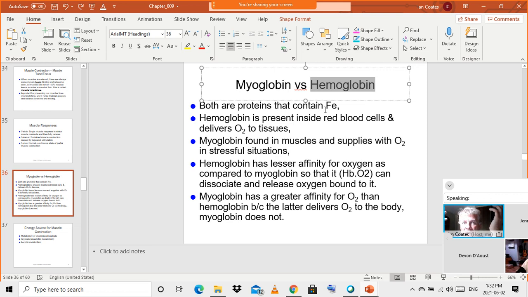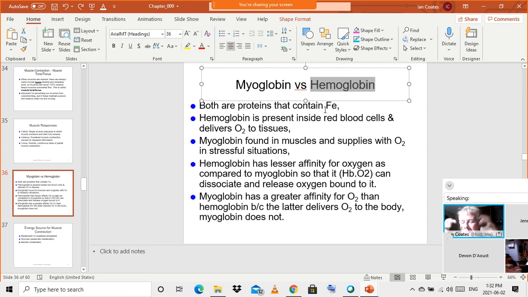So we have these specialized, quote unquote, blood cells in all of our muscle. Hemoglobin is in our RBCs. It travels all around the blood and all the way around the body and delivers oxygen to all the cells and collects all the carbon dioxide.